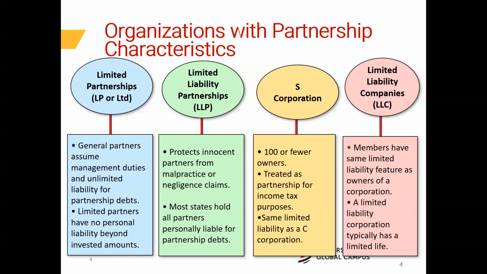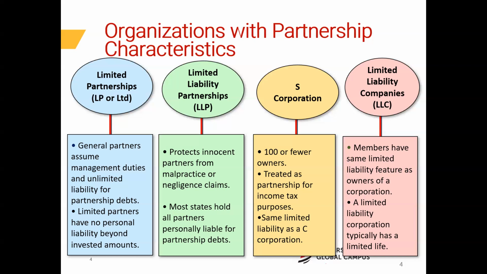But there's also, of course, a limitation. It works the other way too, right? You're not just limited on the liability side, you're limited on the asset side as well. You're limited to what you bring into the business. With respect to a limited liability partnership, how do I put this?